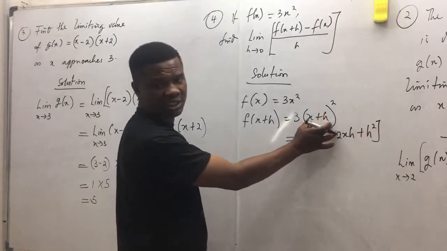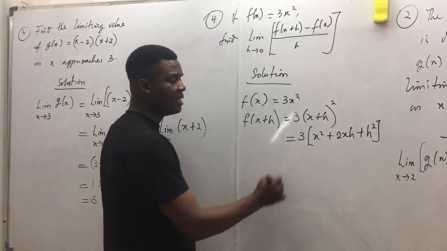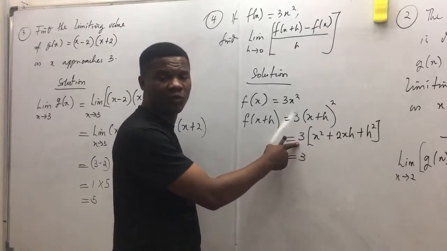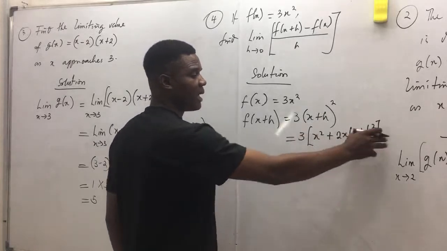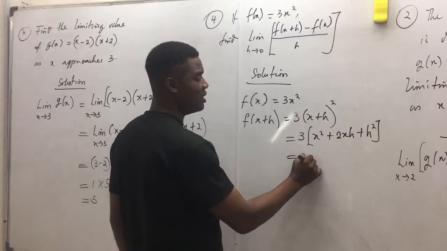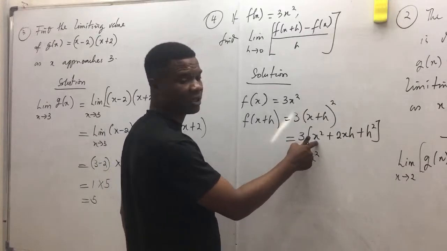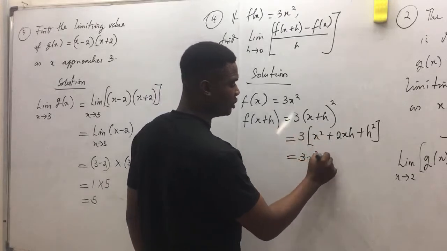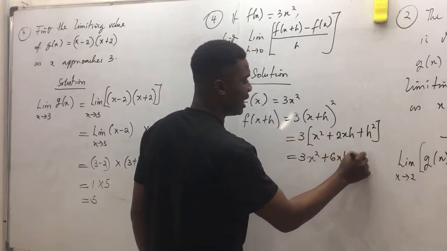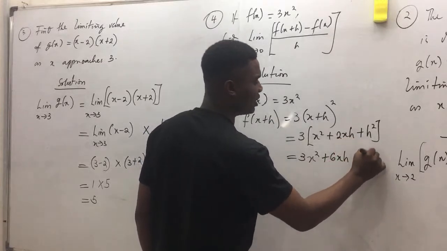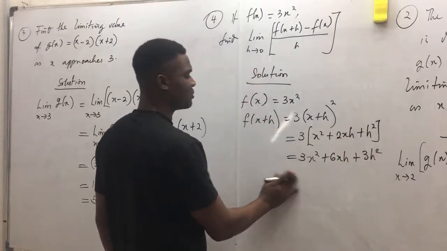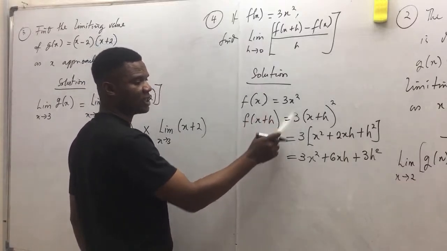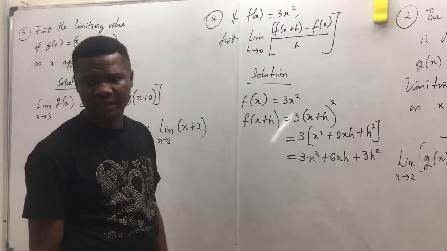Then 3 multiplies each term: 3 times x squared gives 3x squared, 3 multiplying 2xh gives 6xh, and 3 multiplying h squared gives 3h squared. So this is my final expression for f of x plus h when expanded and simplified.